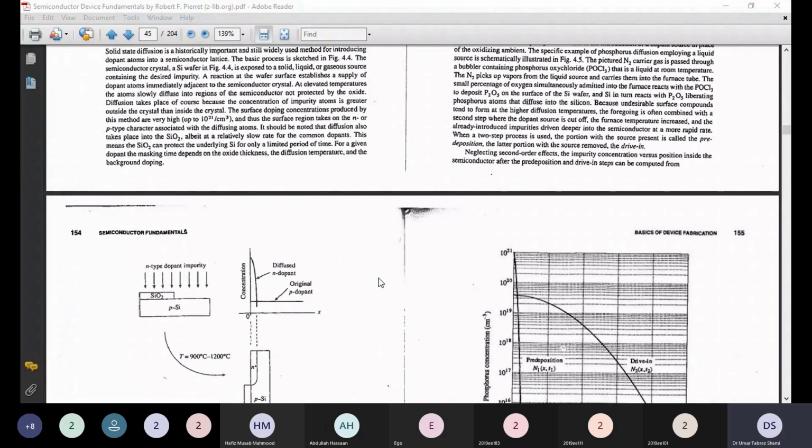The small percentage of oxygen admitted into the furnace reacts with the phosphorus oxychloride to deposit P2O5 on the surface of the silicon wafer. And silicon in turn reacts with P2O5, liberating phosphorus atoms that diffuse into the silicon.